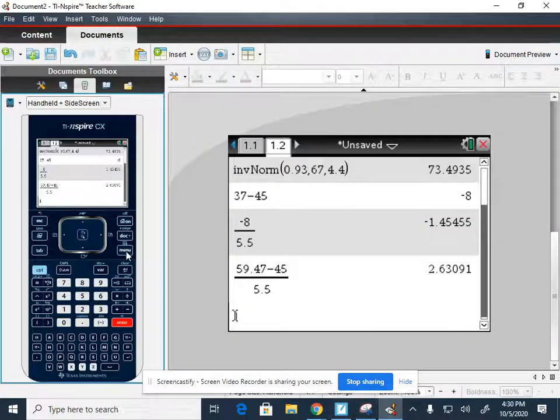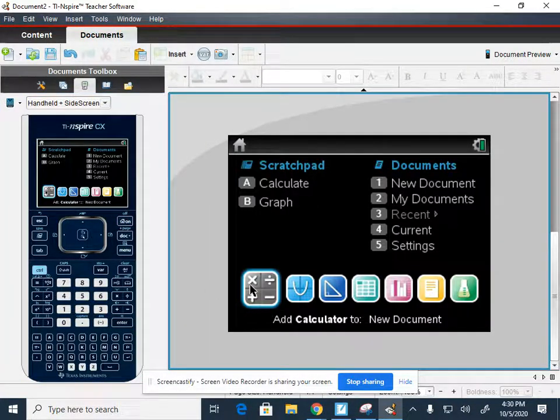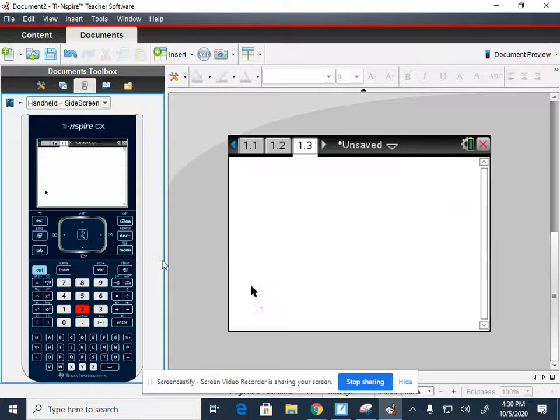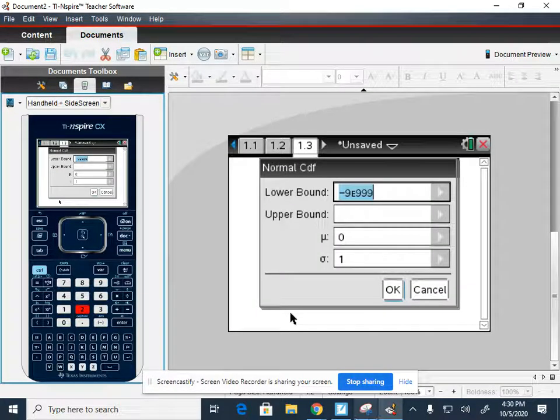Okay, so now, menu 652. You got to have the value between those, negative 1.45 and 2.63 are our lower bound and upper bound. You can use the z-scores that you calculated.